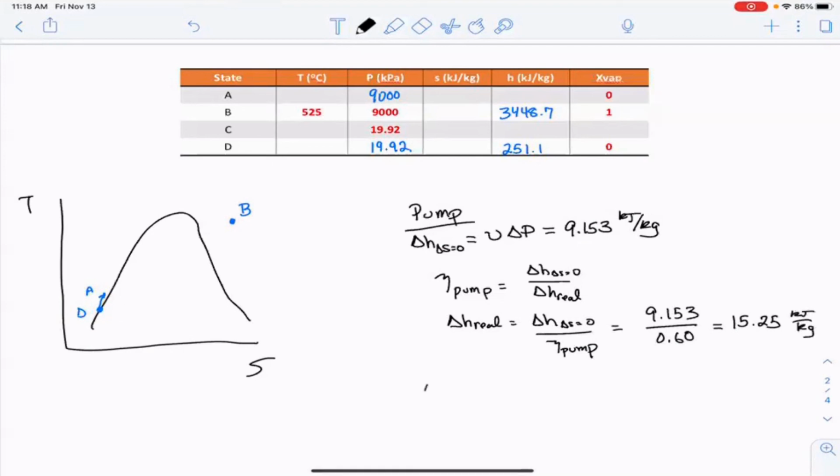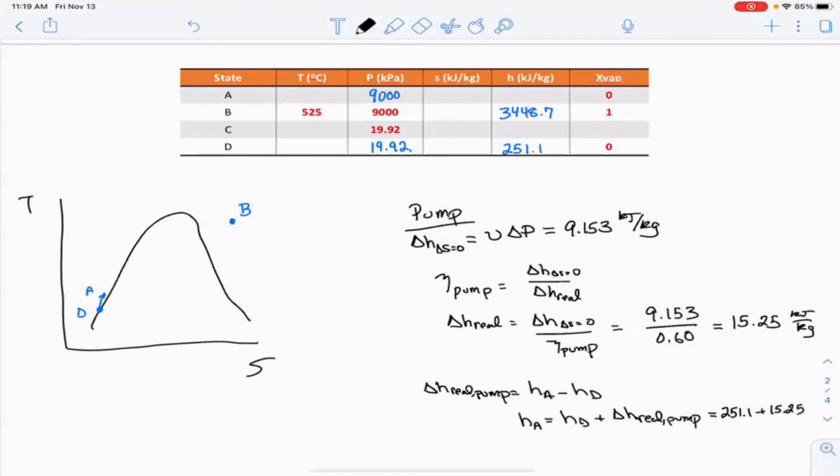And remember that delta H for the pump just equals the enthalpy at A minus the enthalpy at D. And so if we're interested in the enthalpy at A, that's the enthalpy at D plus delta H for the pump, right? And that's equal to 251.1 plus 15.25 kilojoules per kilogram.